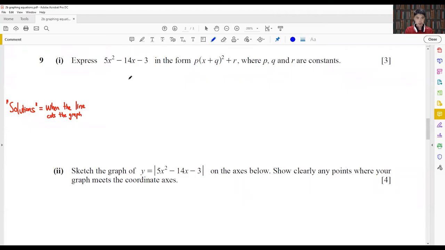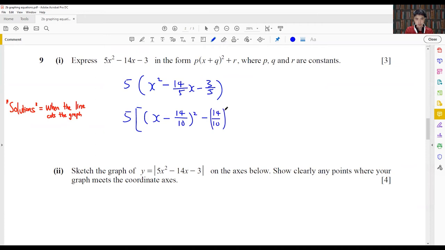Completing the square for the top part: 5 times x squared minus 14 over 5 x minus 3 over 5. Then from here, 5 times, complete the square on the quadratic equation inside: x minus 14 over 5 divided by 2, 14 over 10, squared, minus 14 over 10 squared, minus 3 over 5.